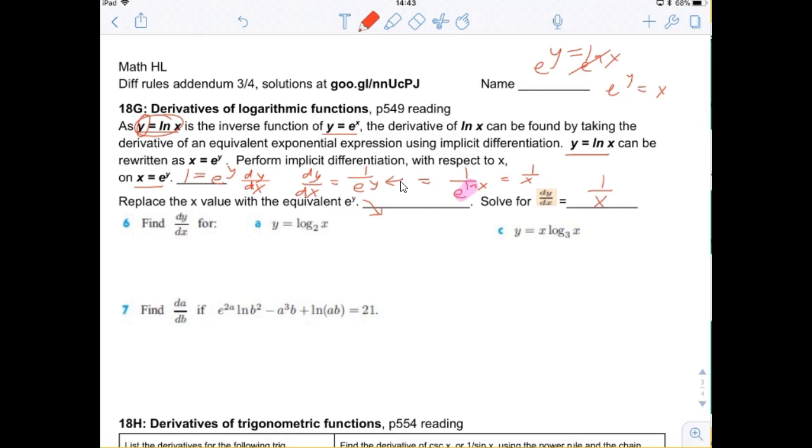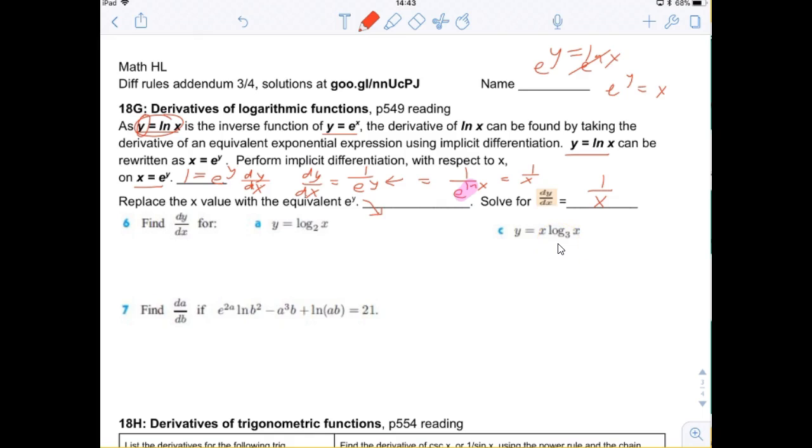So now that we know that the derivative of natural log of x is 1 over x, we can do problems where we have y equals natural log of x and take the derivative of it. What about slightly harder ones where we have a different log base? Like here we have log base 2, and here we have log base 3. How do you do those?